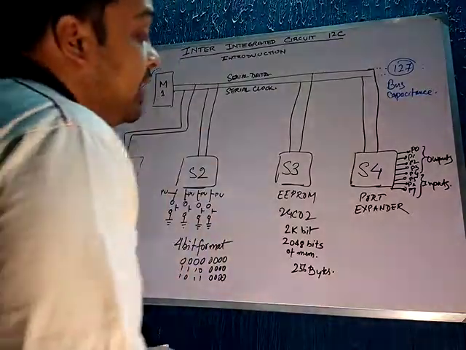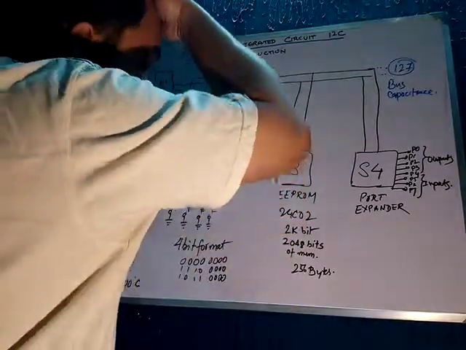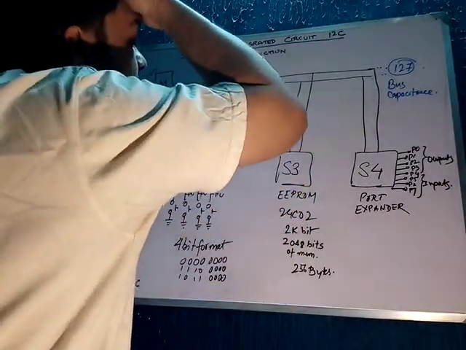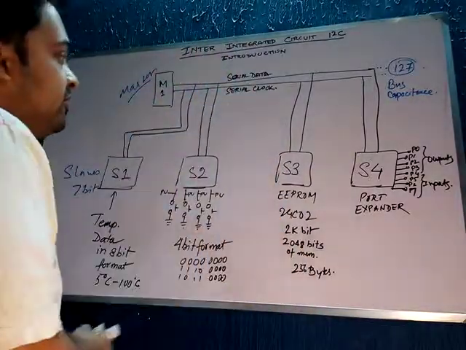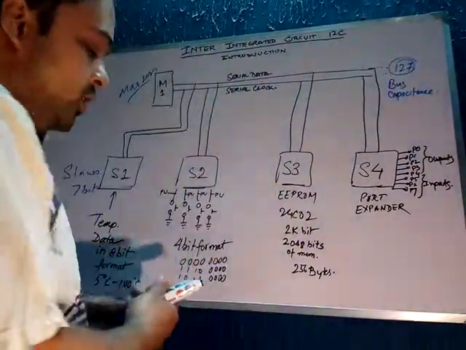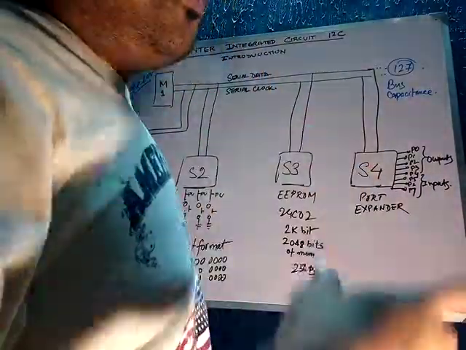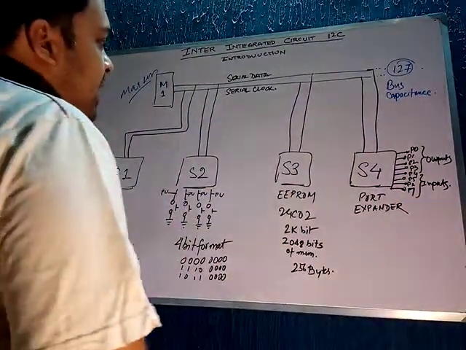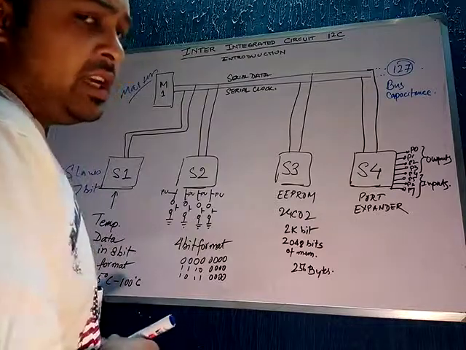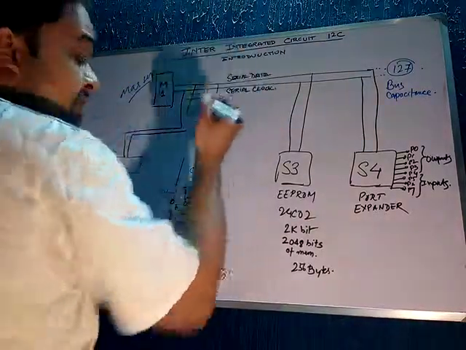And the other is that for sending the clock, for any kind of serial communication, I presume you've covered synchronous communication before moving into this video. For synchronous serial communication, the clock speed is very important.